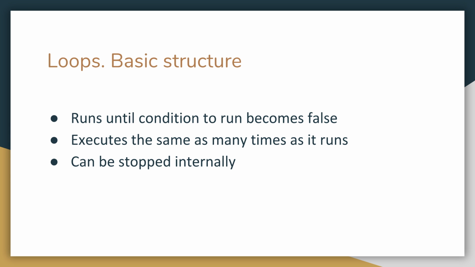So every loop will have a condition somewhere inside it, which when it evaluates to false will stop the loop. So a loop executes the same commands which are put inside the loop for as many iterations as the loop runs, and a loop can be stopped internally without using the condition, but that's a bit of a dirty way of doing it, and we'll demonstrate all of it right now.